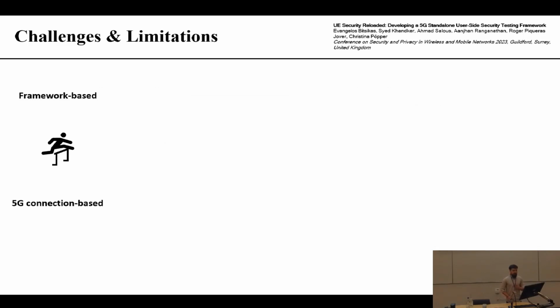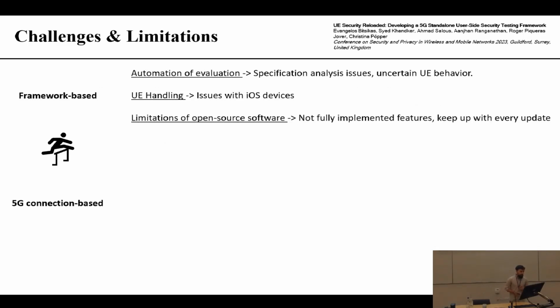We have challenges and limitations, of course. For the framework, automation of evaluation is actually quite difficult. That's because the specifications have a large amount of documents, and in many cases they are very ambiguous, and sometimes they prefer to outsource the behavior of the user equipment to the actual manufacturer.